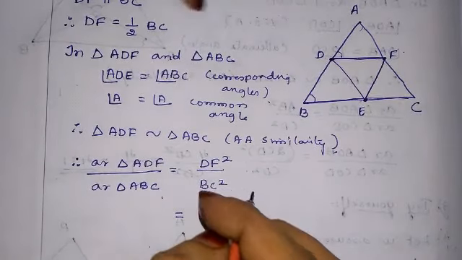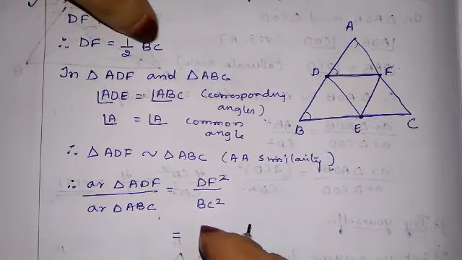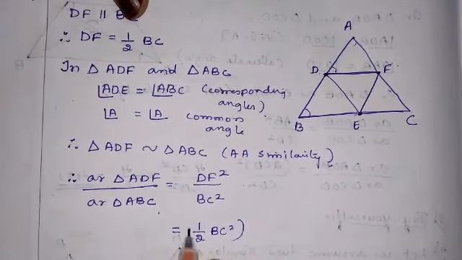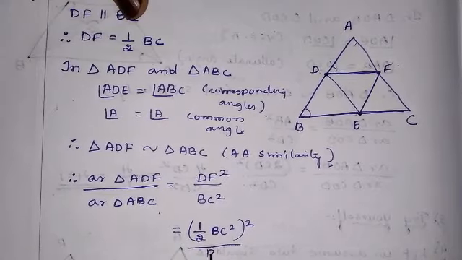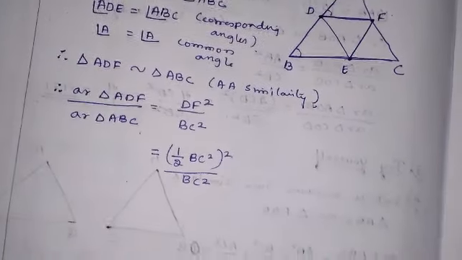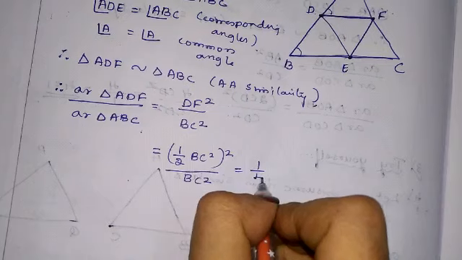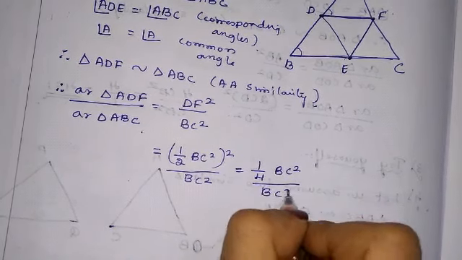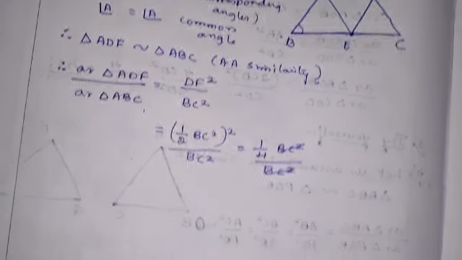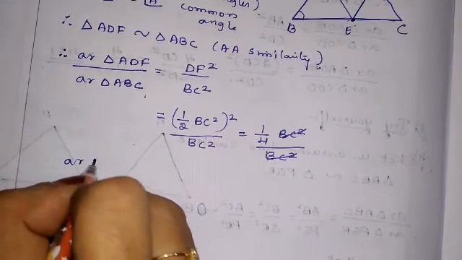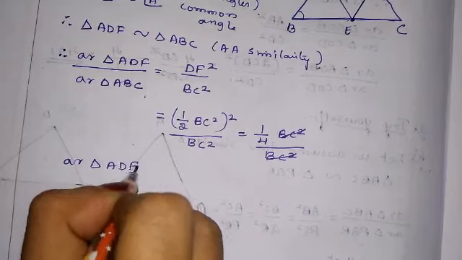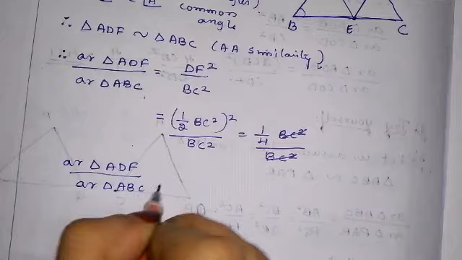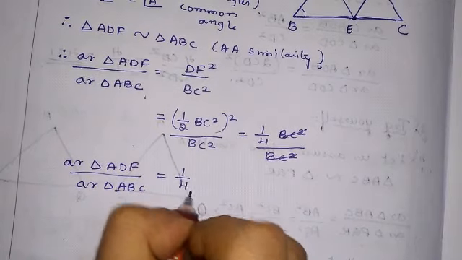DF is nothing but half BC, so half BC square upon BC square. That is nothing but 1/4, BC square upon BC square. BC square got cancelled. What we got? Area of triangle ADF upon area of triangle ABC is equal to 1/4.